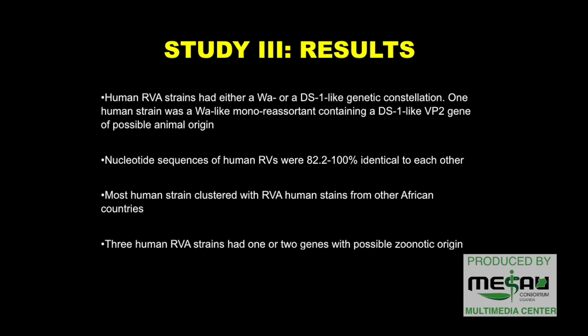But to note, we found that a few genes, 1 or 2 genes, in our human samples were probably of zoonotic origin, because when we compared them to what we found in the GenBank, they were similar. So we thought that probably 1 or 2 genes on the rotavirus strains were possibly of zoonotic origin.